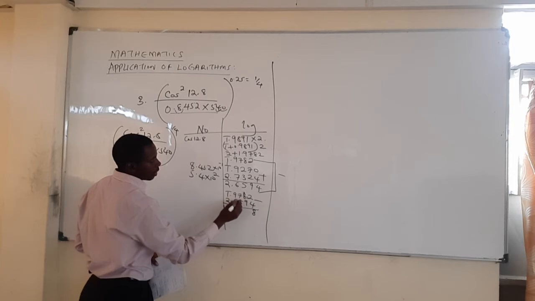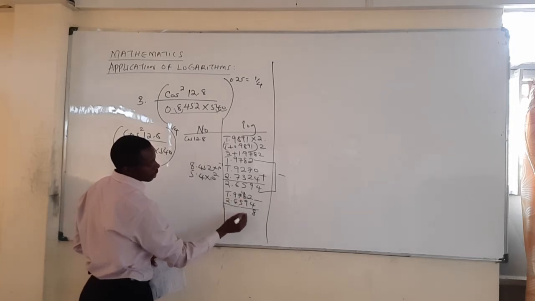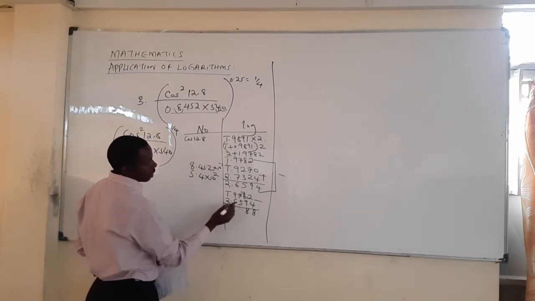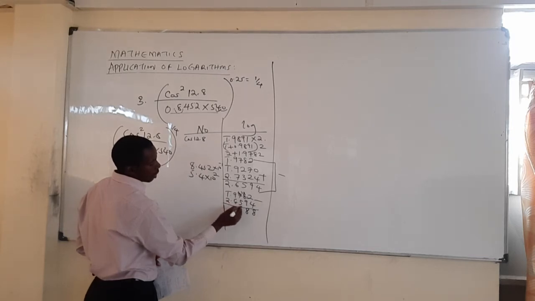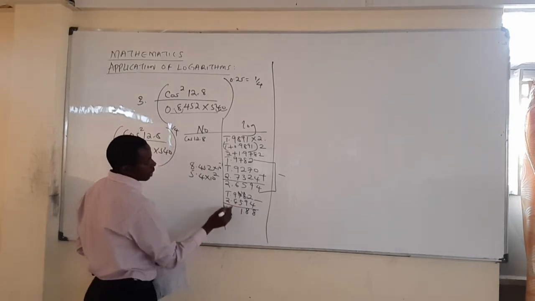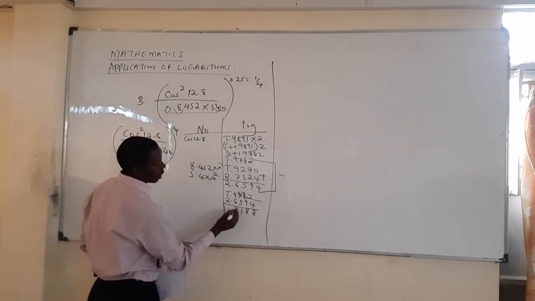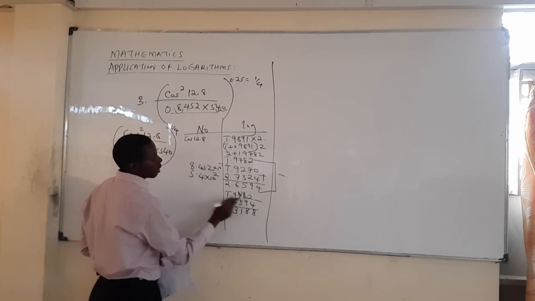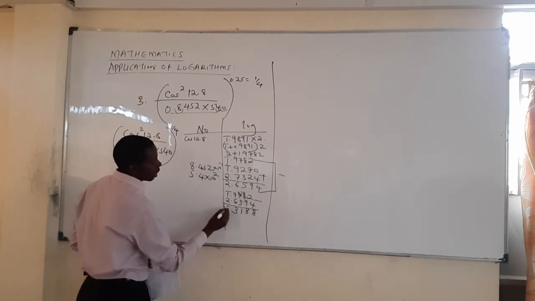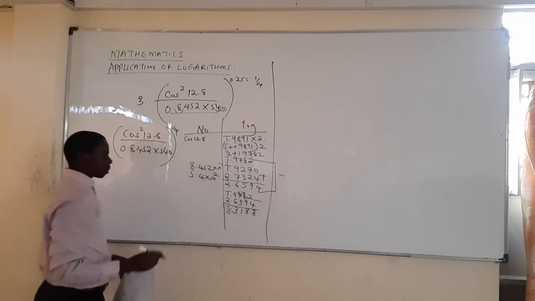This is going to be 7. I go on from that. 17 minus 9, you get 8. Then 6 minus 5, 1. Then 9 minus 6, you are going to get 3. Then minus 1, minus 2, you're going to get minus 3.